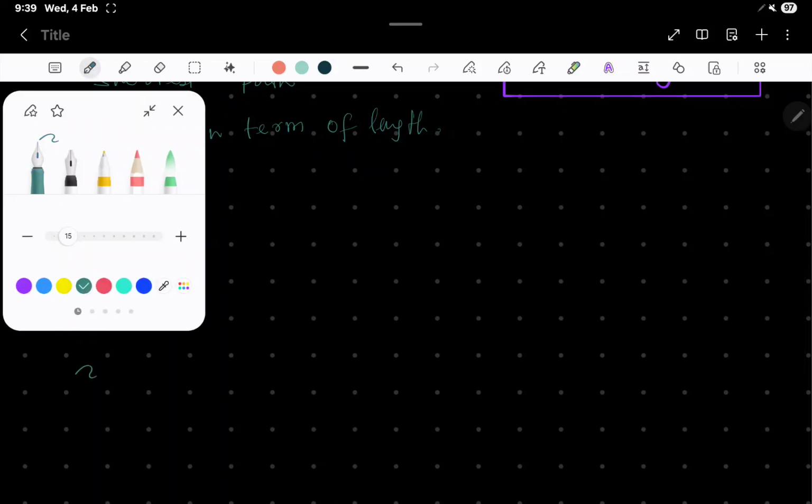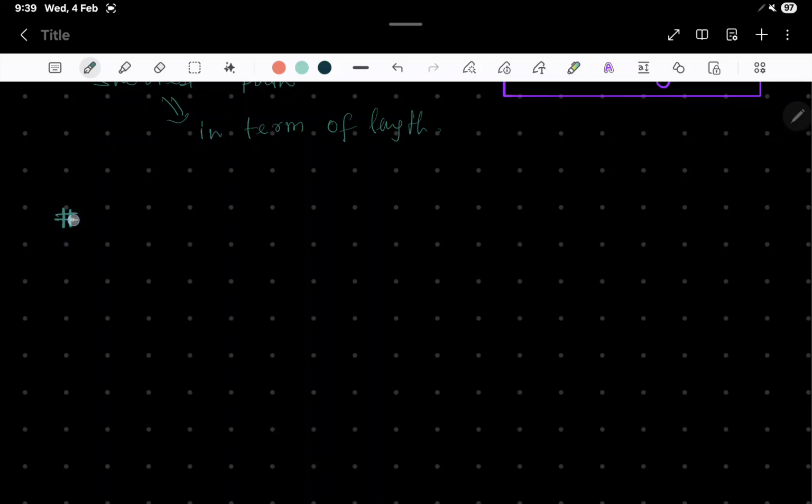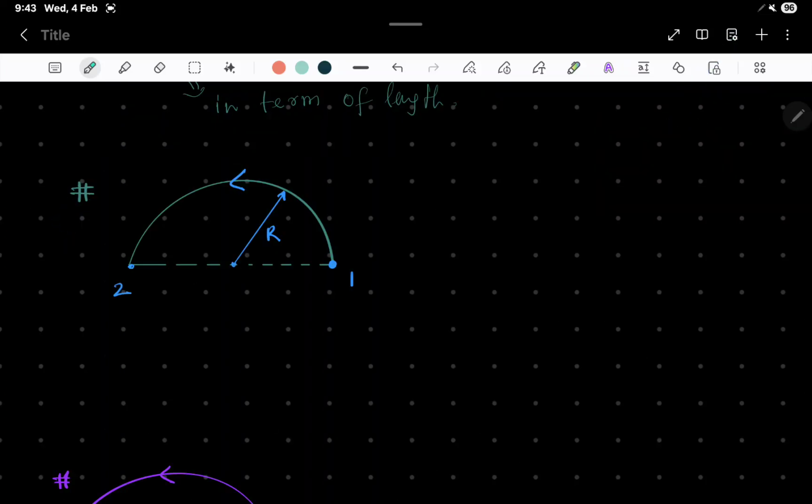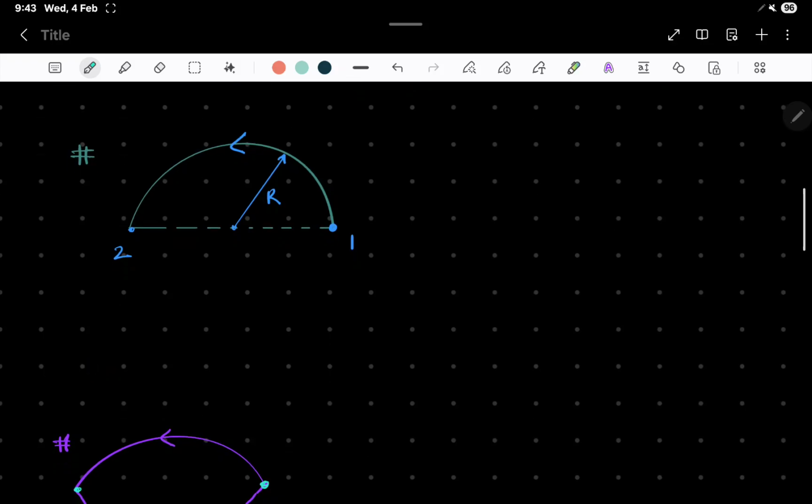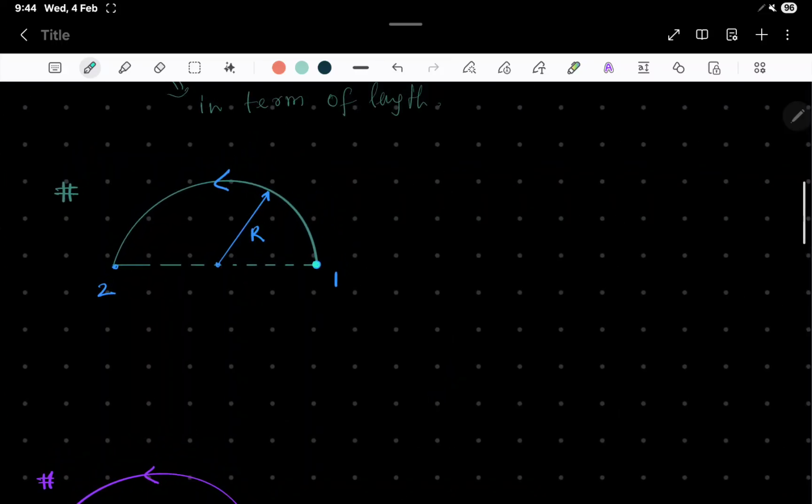Let's figure out the first question. We have a particle that starts from point 1 and along the curved track it reaches point 2. What is the distance and the displacement which you have to find out? So I will say distance is simply the length of the track, which, if it is a circle, then a semicircle's length will be simply pi r.